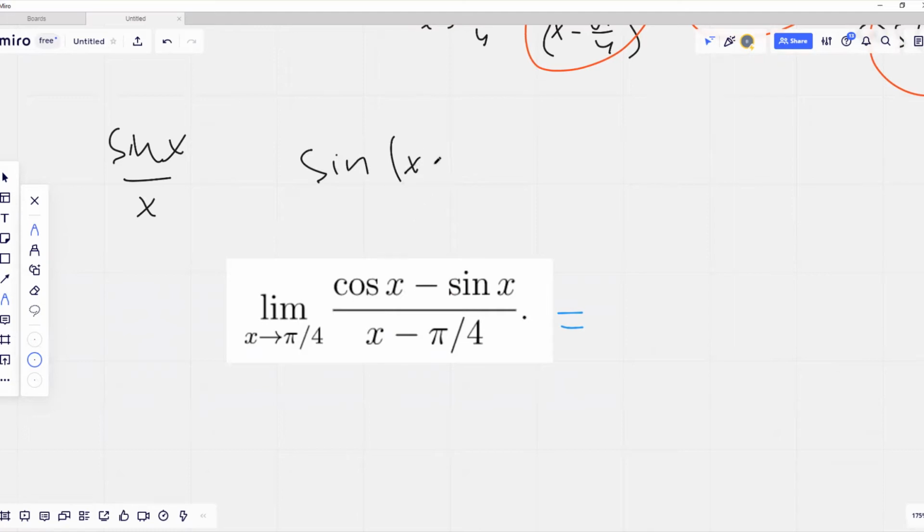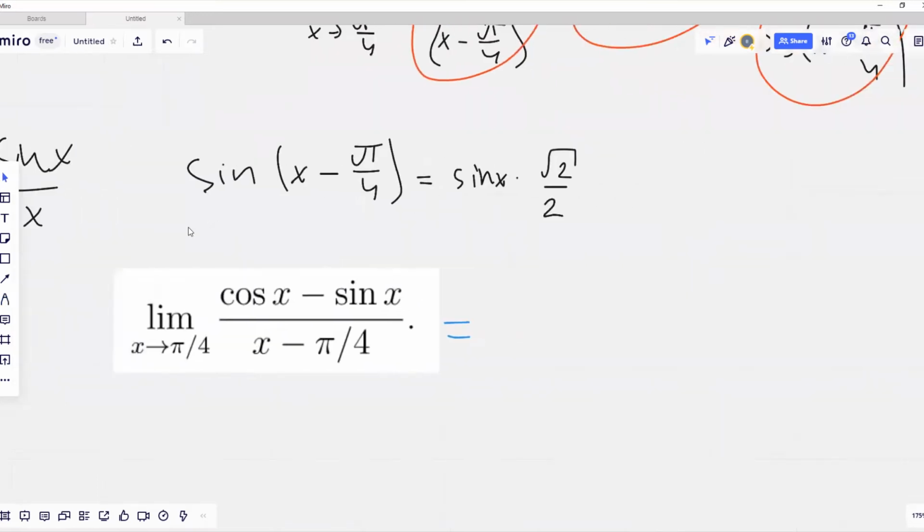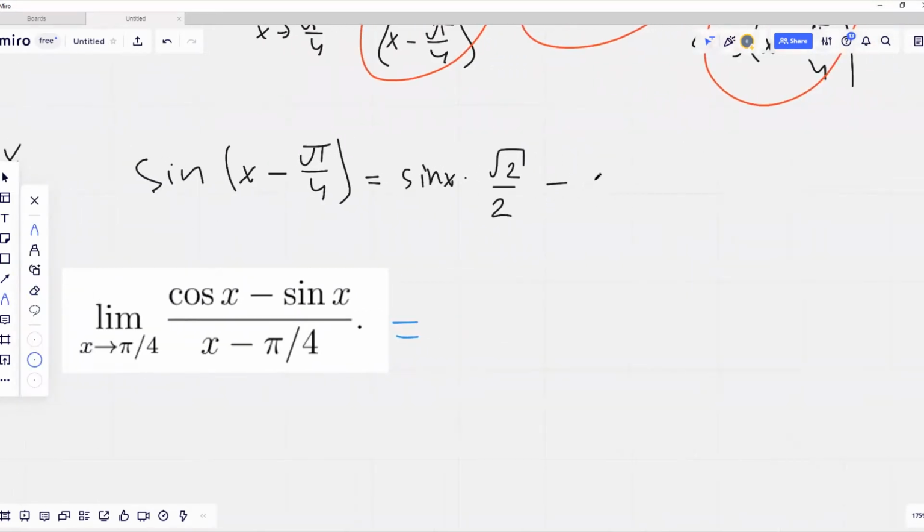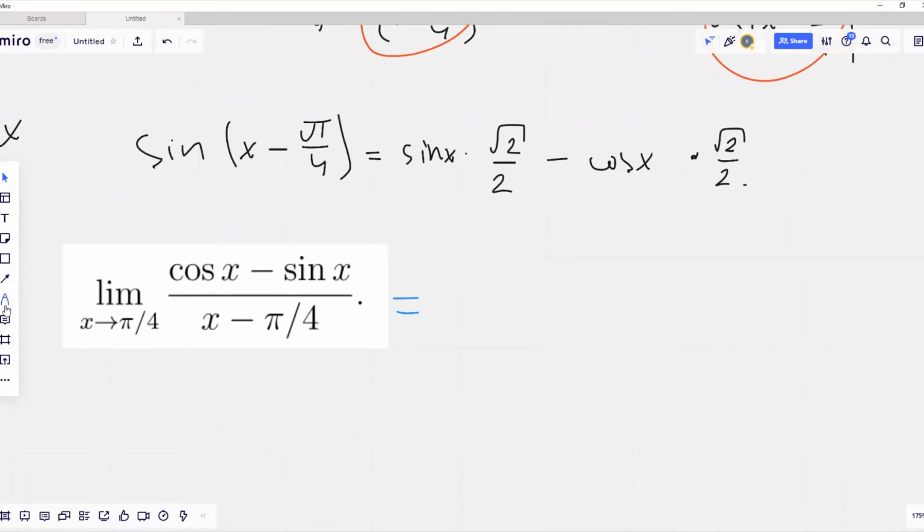If we have sine of x minus pi over 4, then it is going to be equal to sine of x multiplied by cosine of pi over 4, root of 2 over 2, minus cosine of x multiplied by sine of pi over 4, which is root of 2 over 2. Right, so all we have to do then is multiply this expression here by minus root of 2 over 2. So let's transform this in the following way.